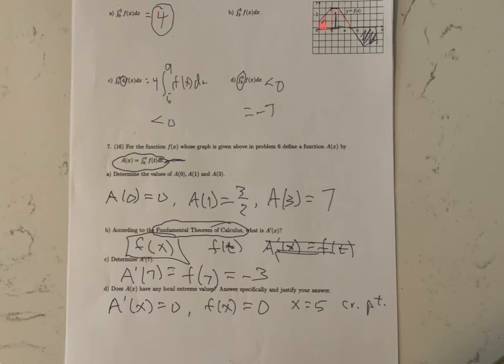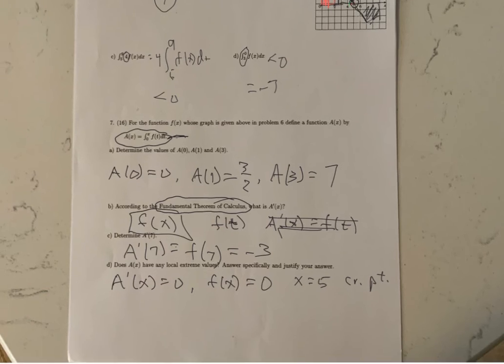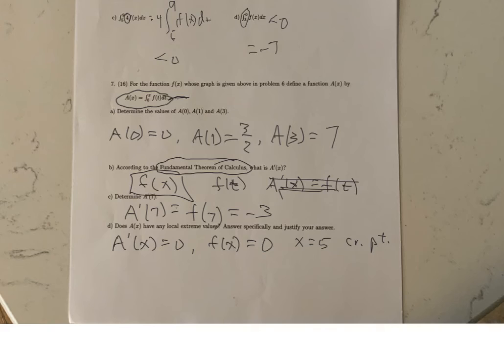And notice the derivative, again, this graph is the derivative of A. And notice that it's positive to the left, which means A is increasing. As soon as it passes through this critical point, it becomes negative, which means it's decreasing. So by the first derivative test, we have a local max.